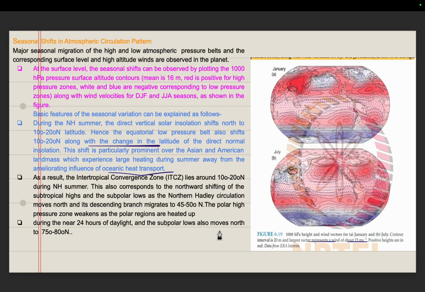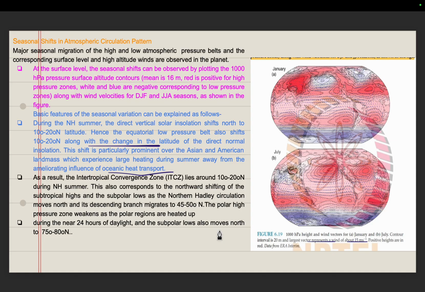As a result of such direct insolation in the northern hemisphere in the month of July, or the northern hemisphere summer, the intertropical convergence zone lies around the 10 degree to 20 degree northern region. This corresponds to the northward shifting of subtropical highs and subpolar lows, and the northern Hadley circulation moves to the north.